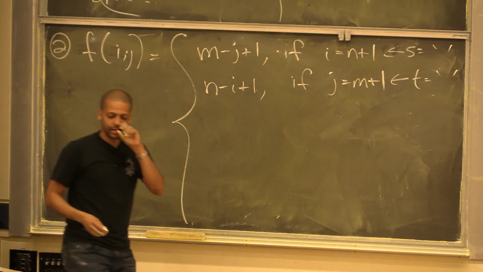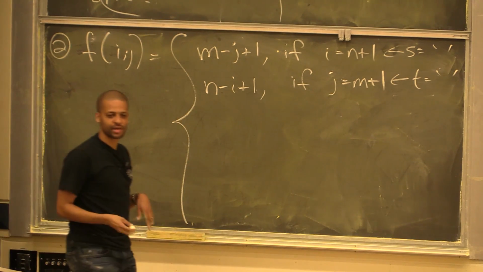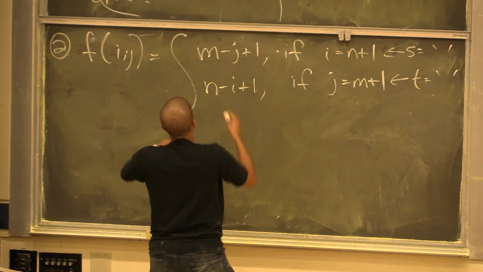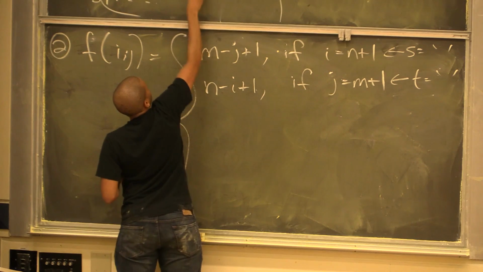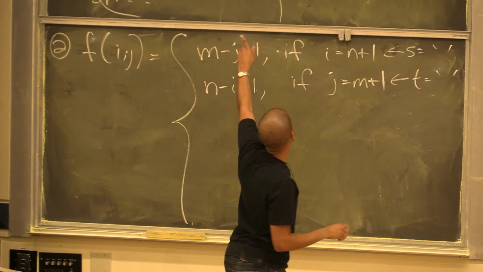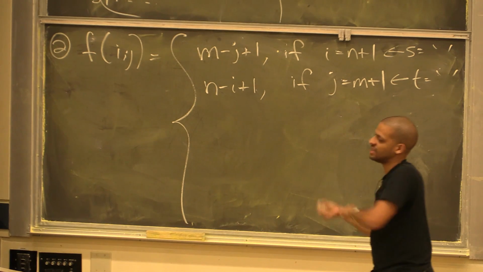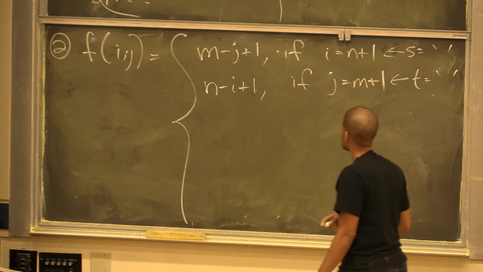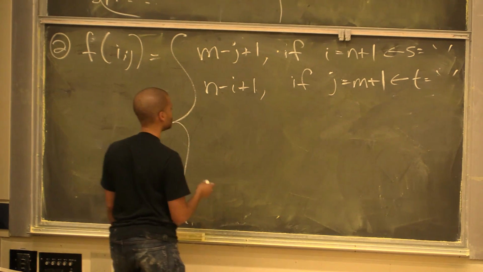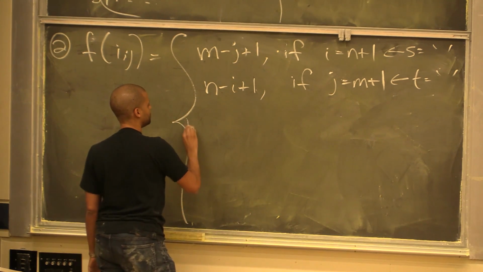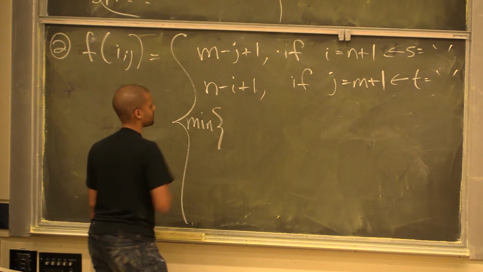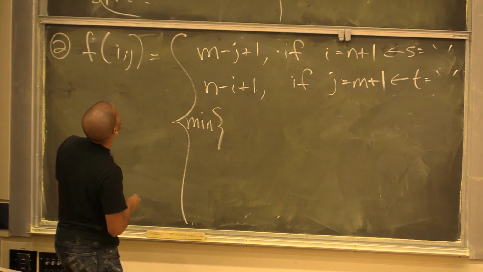Okay. Now in the case where neither is the empty string, I can do some kind of recursion. And I'm going to try all three possibilities. This was substitution. So I can either do substitution, delete the first letter of S, or insert the first letter of T before S. So what are the costs of those? Let's say the min of, what is the cost of insertion?